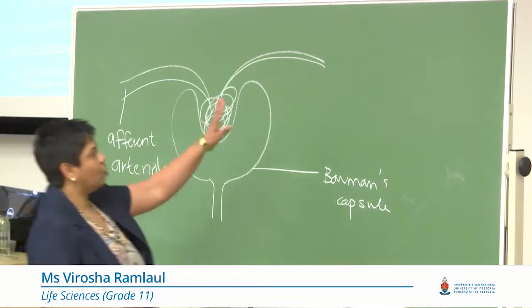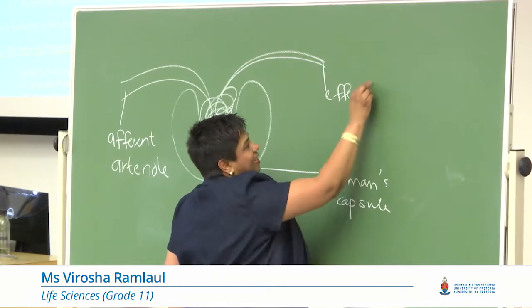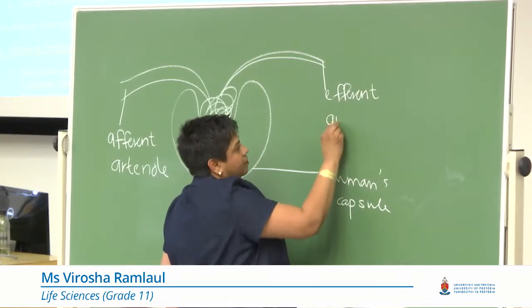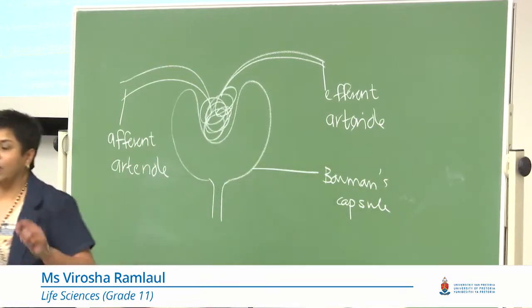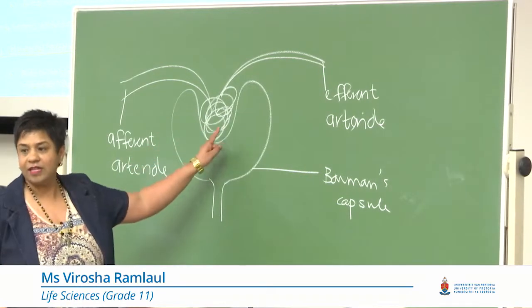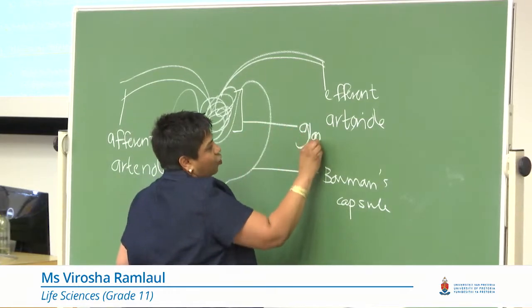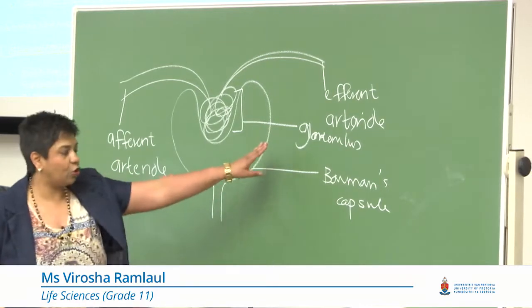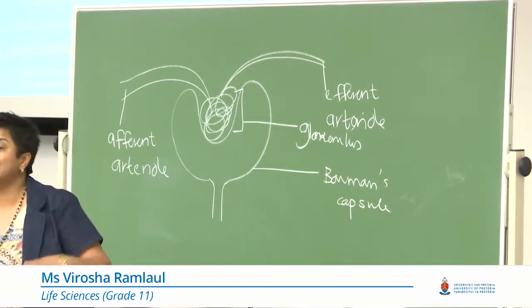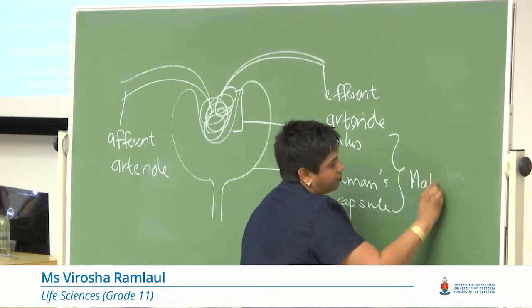And the thinner one, efferent. Efferent, E for exiting. Now, the coil structure is the glomerulus. Yes, I know my label lines are not parallel. Together, the glomerulus and the Bowmans capsule make up the Malpighian body.